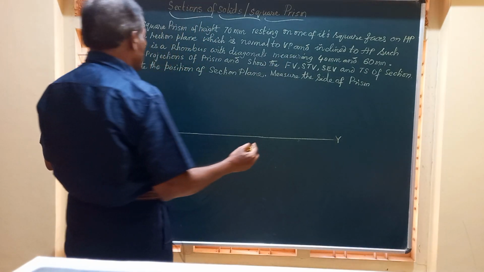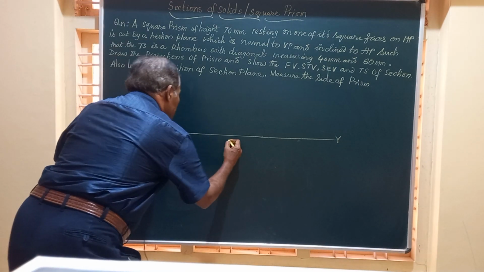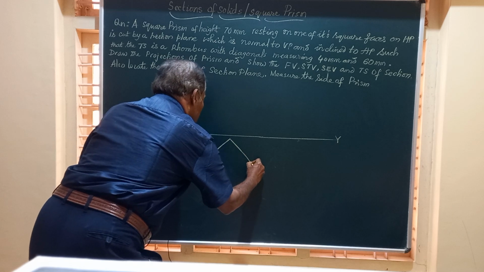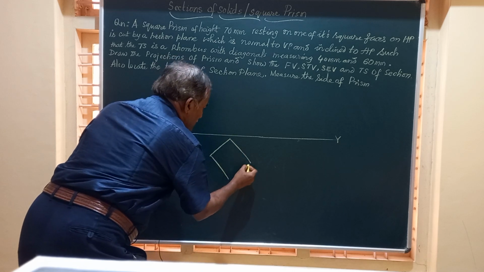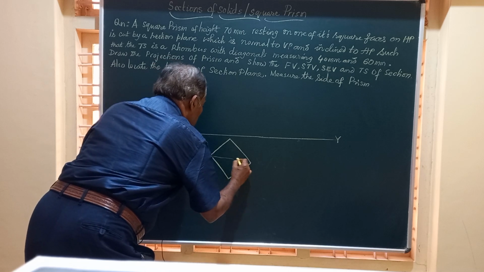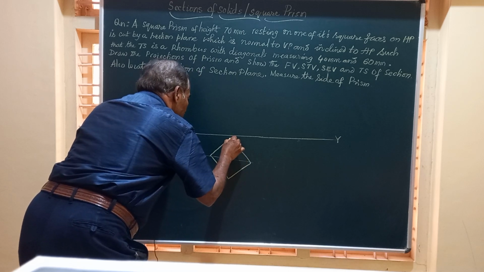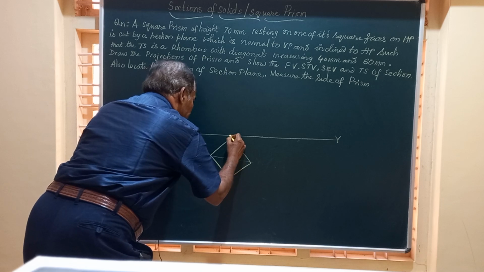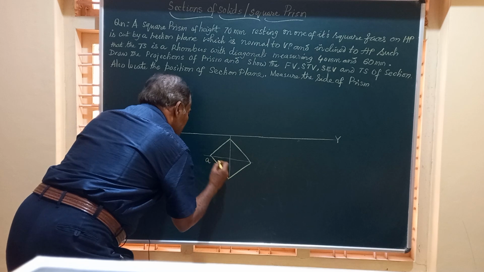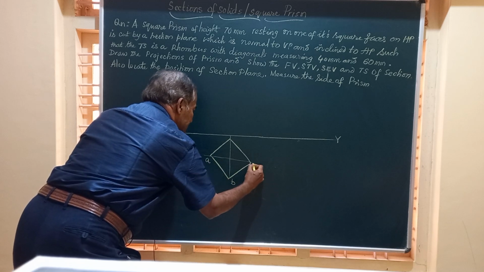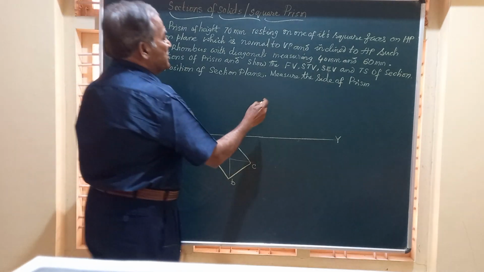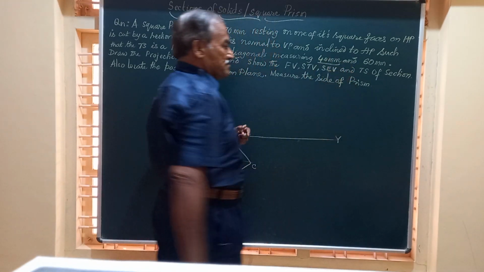Friends, let me commence the problem by drawing the top view of the square prism. Here, the diagonal which is perpendicular to the VP, that is this diagonal which I am going to mark here now, A, B, C, D. This diagonal BD should measure 40.